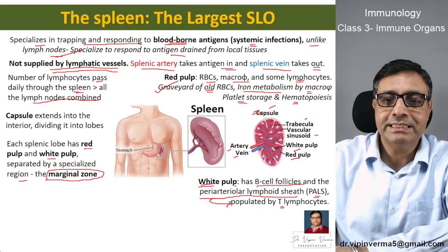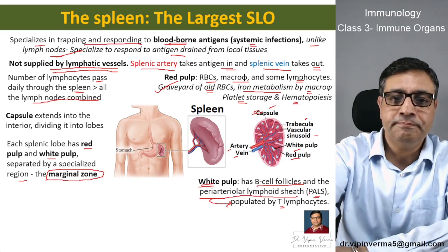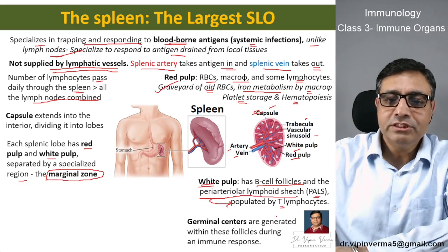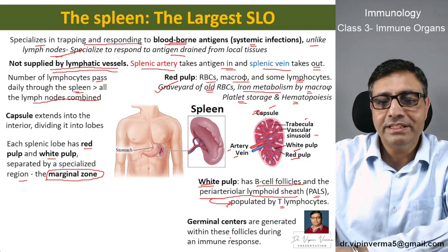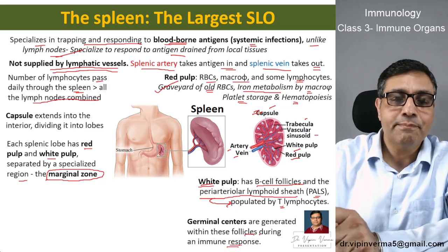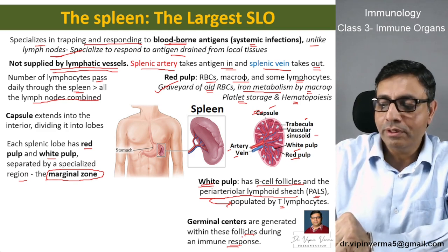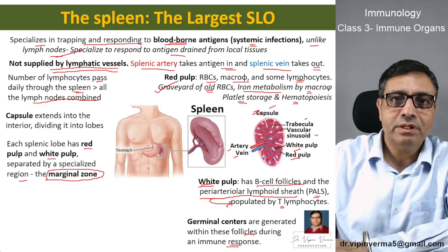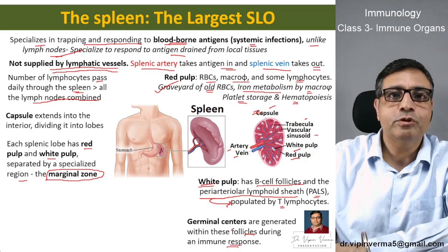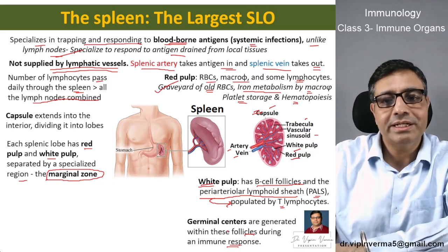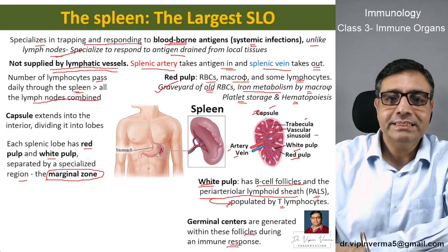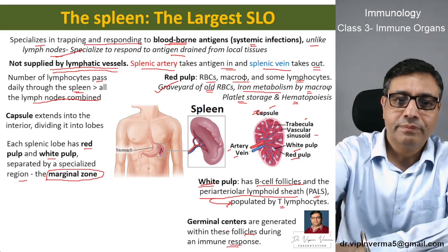Since white blood cells are B cells and T cells, B cells are in the follicles and T cells are in the PELS. Then germinal centers are generated within these follicles during an immune response, because germinal centers are important for the effectiveness of the immune response.